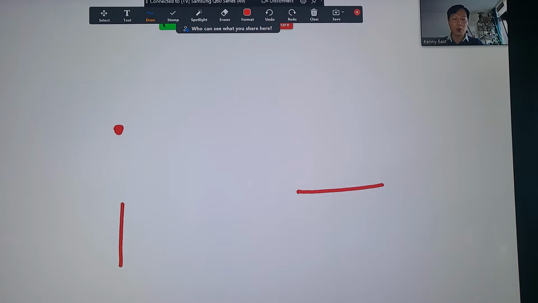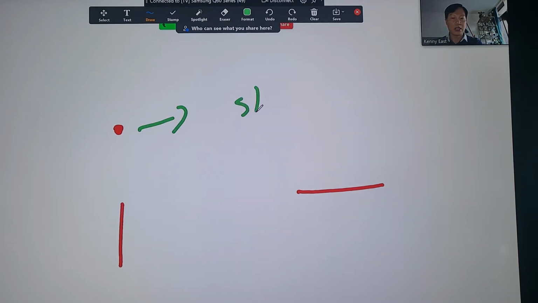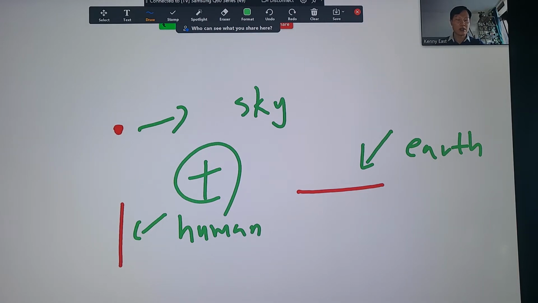The dot stands for the sky, the vertical stick stands for a human standing, and the horizontal stick stands for the earth, which we are standing on. So Korean vowels start from three basic fundamental symbols, and King Sejong combined these three to create other vowels.